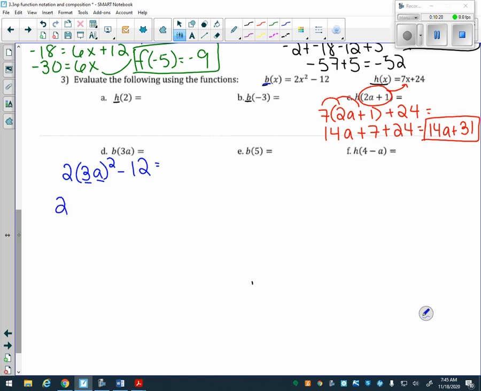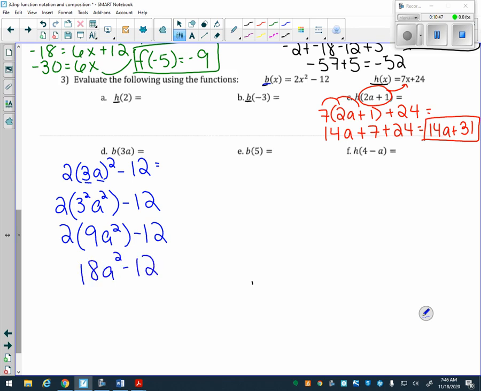So you have 2 times 3 squared a squared minus 12. You simplify the parentheses, 2 times 9a squared minus 12. Now you multiply 2 times 9a squared, which is 18a squared minus 12. And that is your answer.